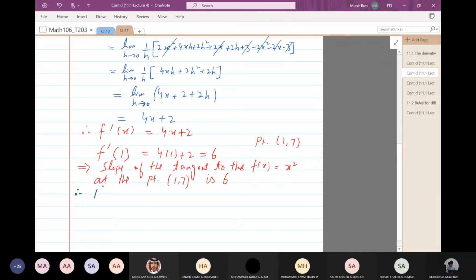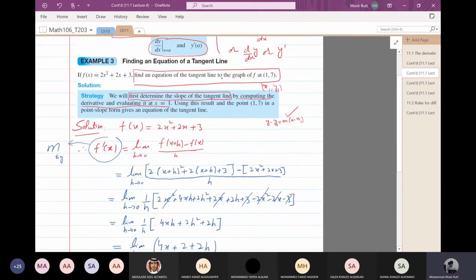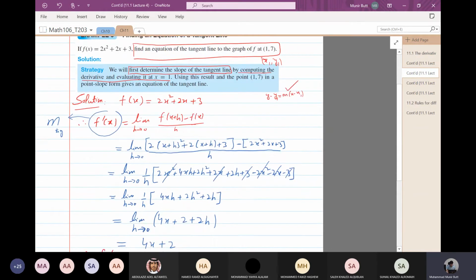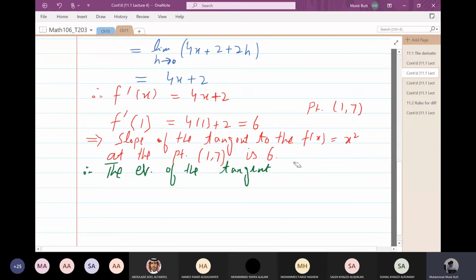Therefore the equation of the tangent line. So what was the question? Find the equation of the tangent line. Okay, now we are doing this.